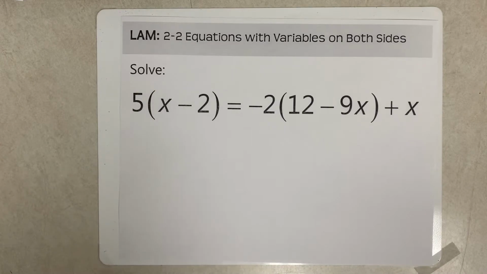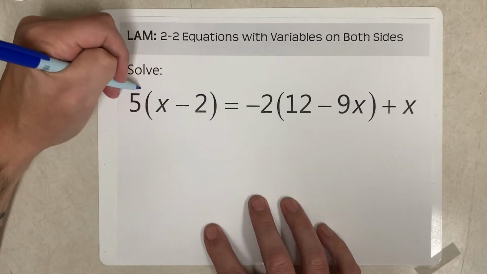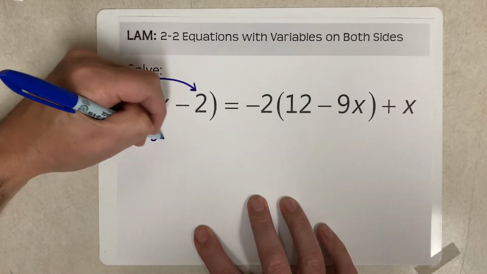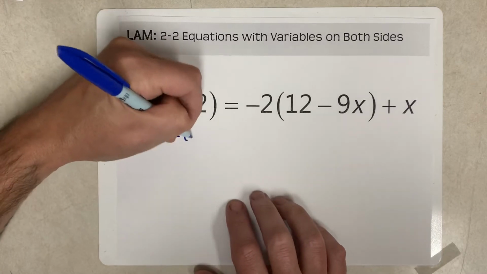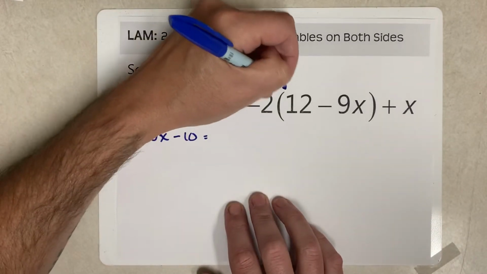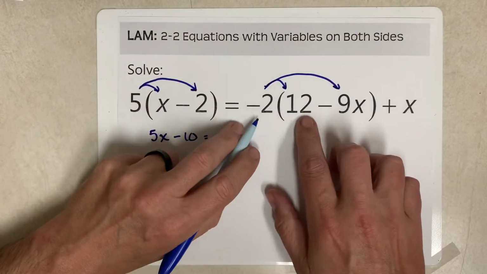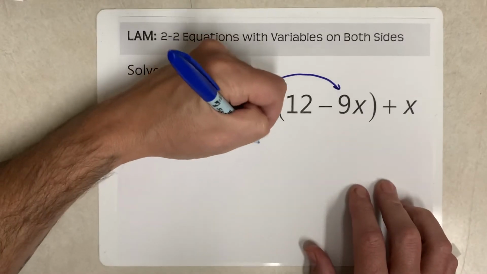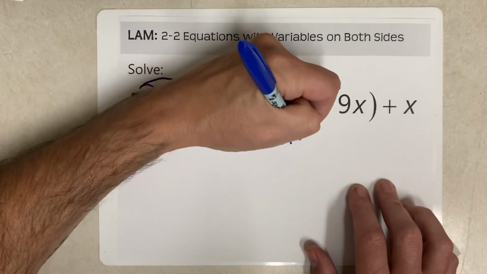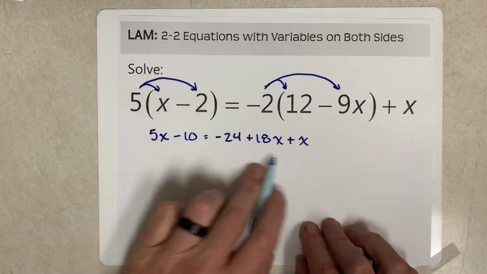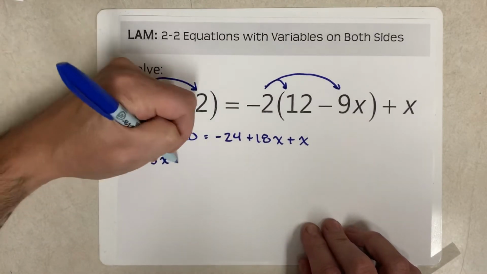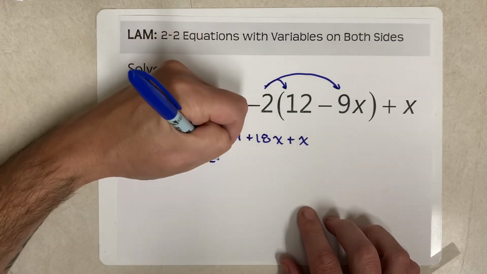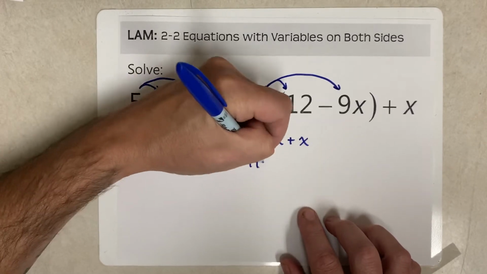All right, this one. First thing is we're going to distribute this side. 5x minus 10 equals, distribute both of those. Negative 24. That'll be a positive 18x. And then a plus x at the end. Can't forget that guy. All right, let's clean up this side a little bit. So 5x minus 10 equals, I got 18 and another 1 make 19. So I got negative 24 plus 19x.